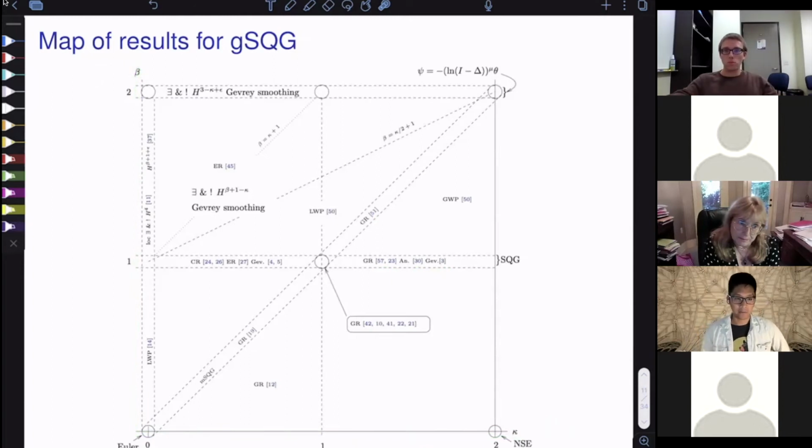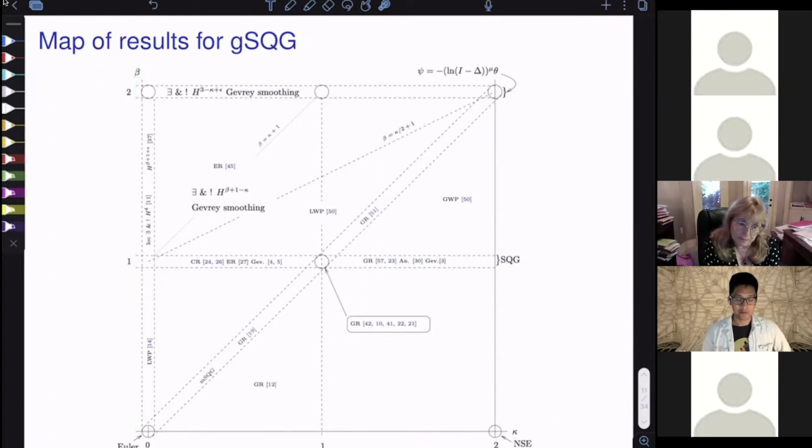the parameter for the constitutive law, beta. The case kappa equals 1 and beta equals 1, being the very center of the circle, represents the SQG case. And this endpoint right here, when gamma is equal to 0, that's the damping parameter, or the viscosity, if you will.